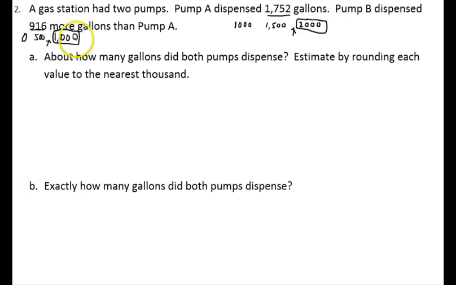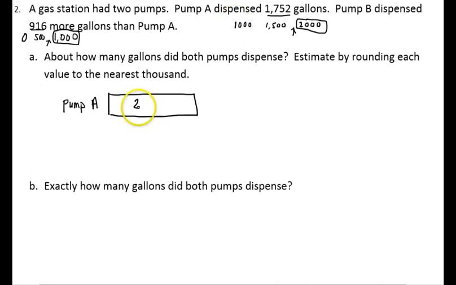Now let's set up our tape diagram. We have 2 pumps. We have pump A. I'll label that. And it pumped about 2,000 gallons.